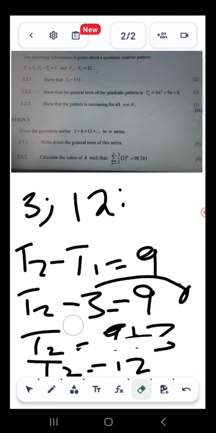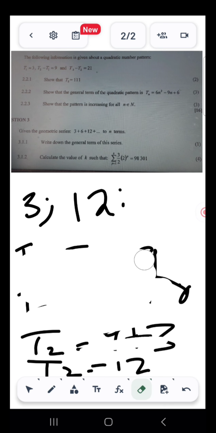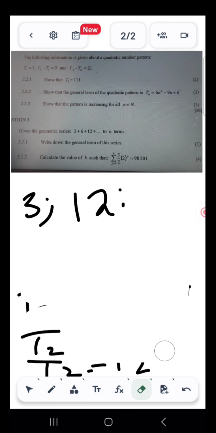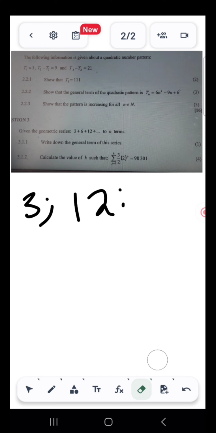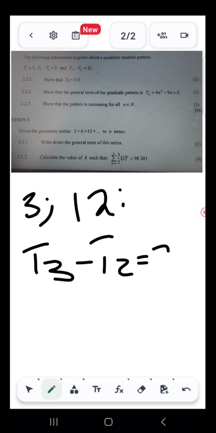And then here, we are looking for the third term. Unlike the other question where they give us term 1, term 2, and term 3, here they give us information about the terms, and we want to find them. So T3 minus T2 is equal to 21. We substitute T2, which is 12.